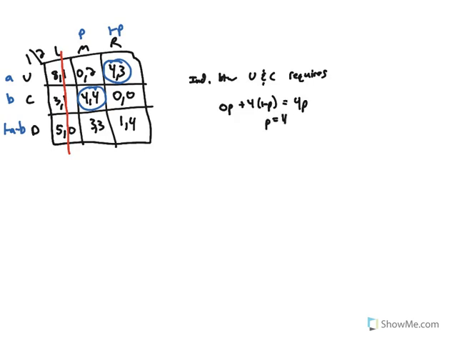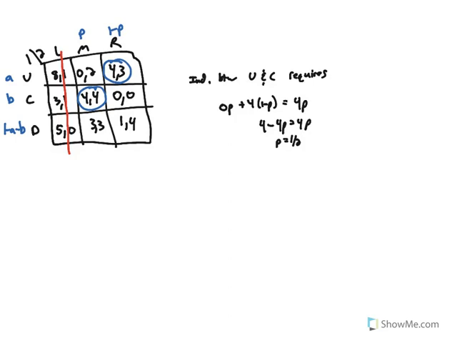So P equals 1 over 8. Oops. Sorry about that. The only way this is going to be true is if P equals a half. Not sure what happened with my algebra there. I left the 1 instead of the 4. So we have 4 minus 4P equals 4P. And so 8P equals 4, or P equals 1 half. Okay? So indifference between U and C requires P equals 1 half.